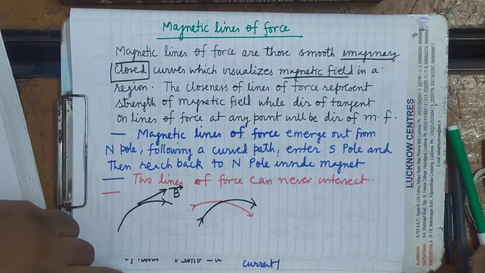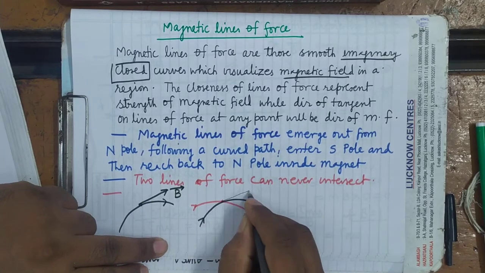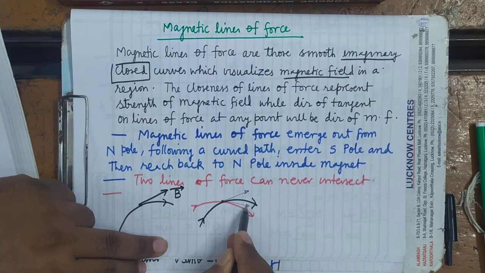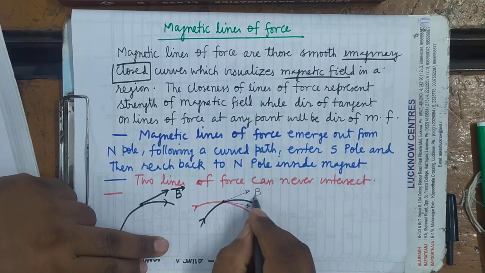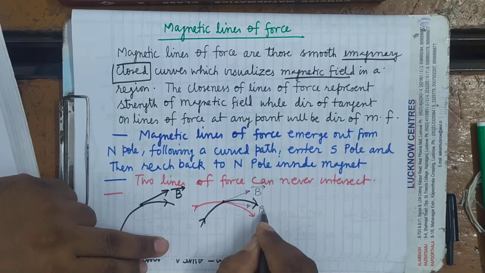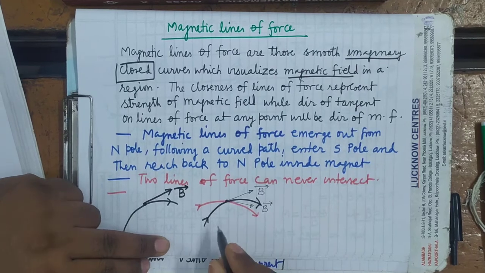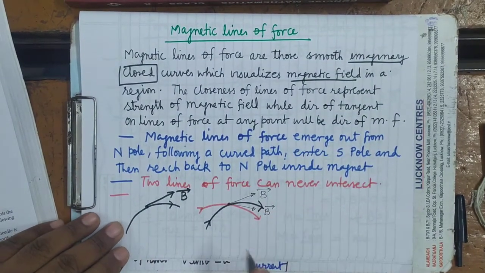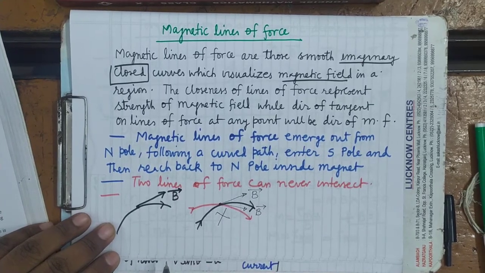One tangent will be over this and the other tangent over this. So two directions of magnetic field are not possible, and therefore this is not possible. Two lines of force can never intersect.